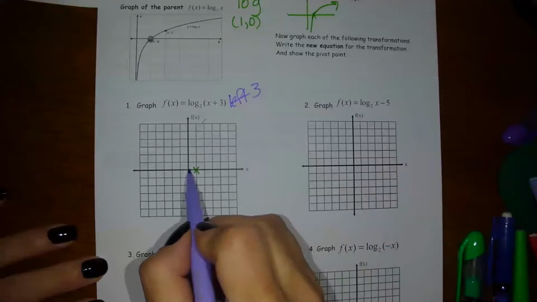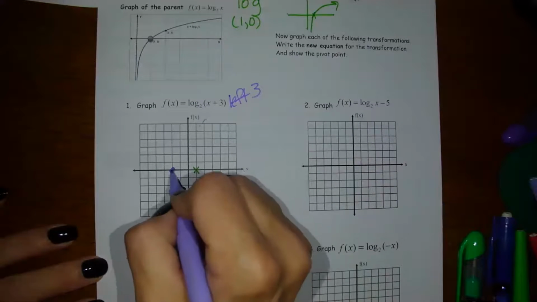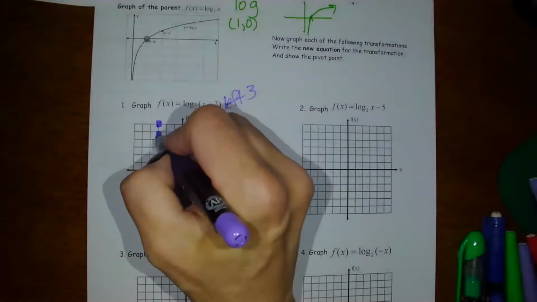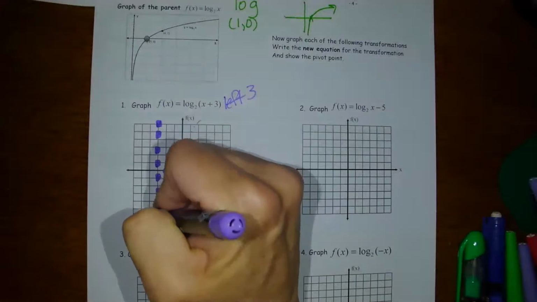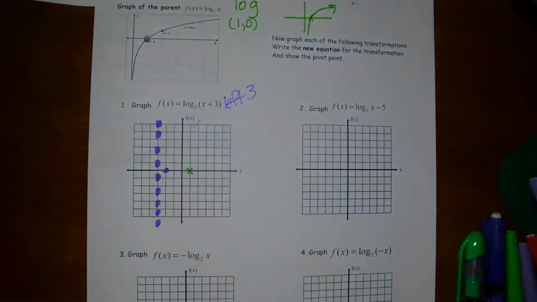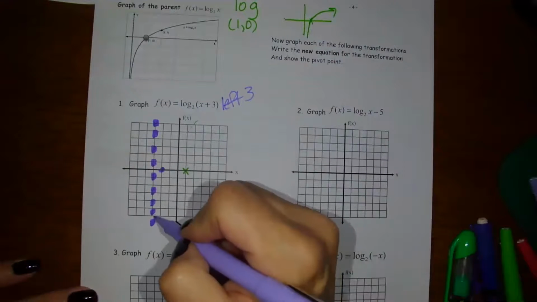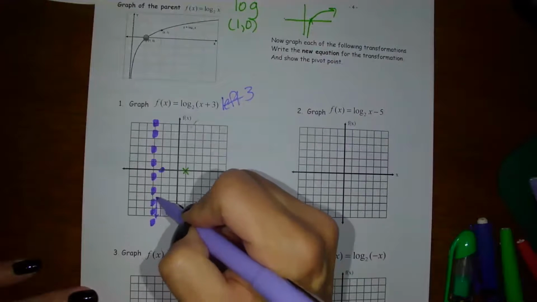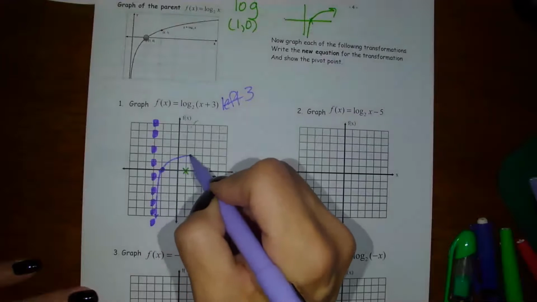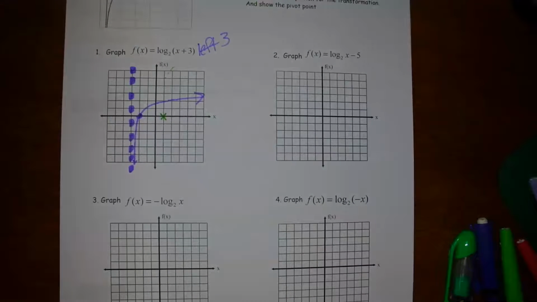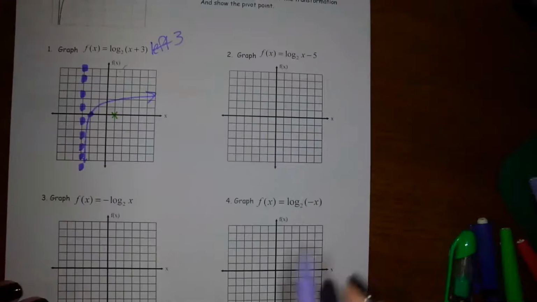So we're going to count 1, 2, 3 and put our new point on. The asymptote is next to the dot. And you are simply going to get very close to your asymptote, and then you're going to pivot, okay? That's as close as I need you to get. I want you to see where it is.